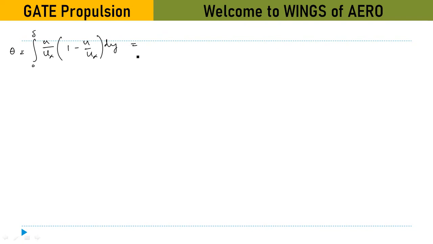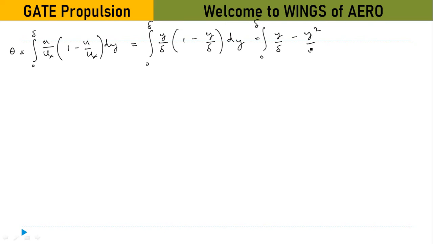Integrate it and you get y square by 2 del minus y cube by 3 del square, from 0 to del. Apply the limits: del square by 2 del minus del cube by 3 del square.